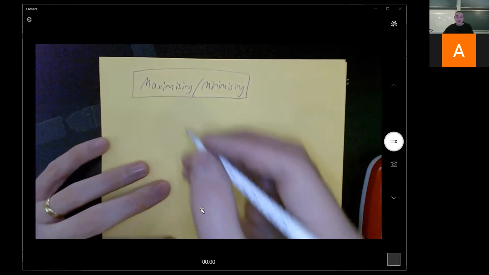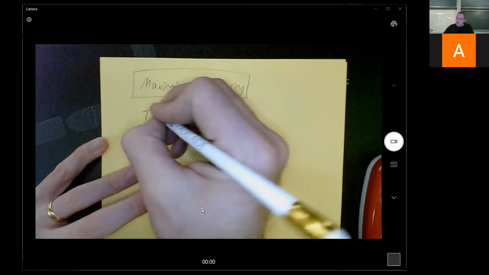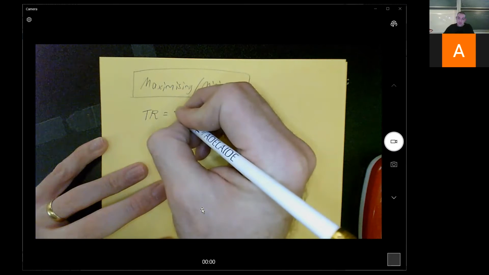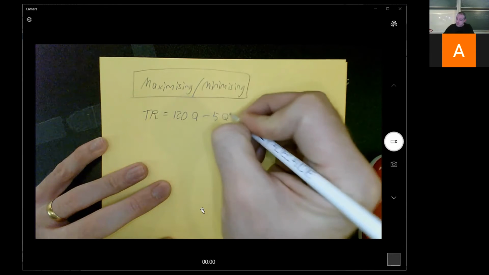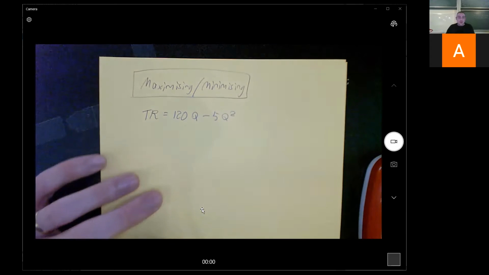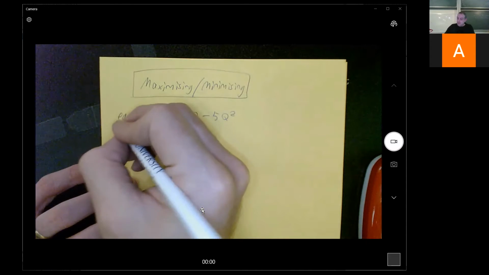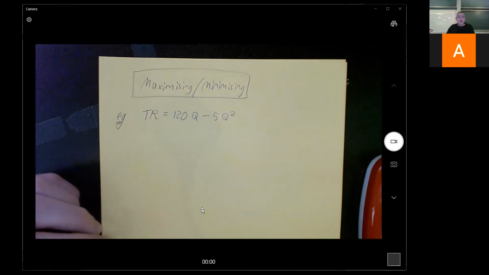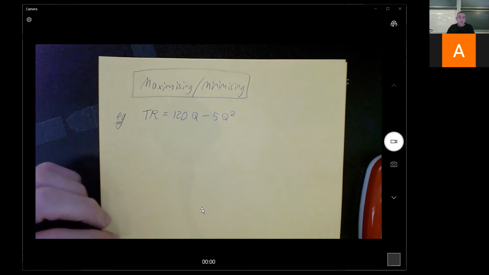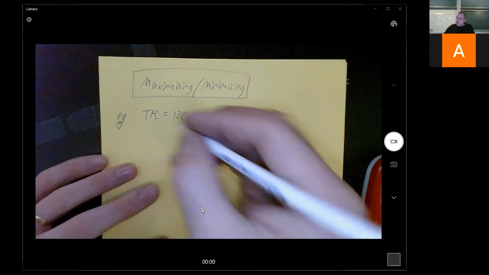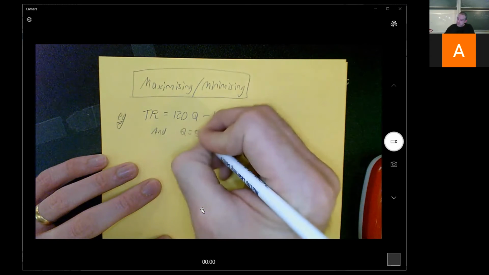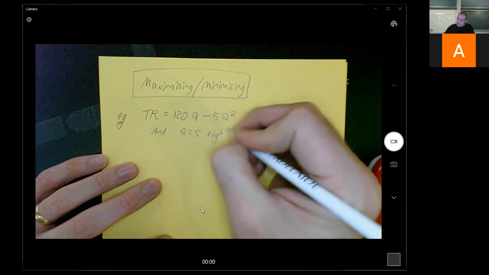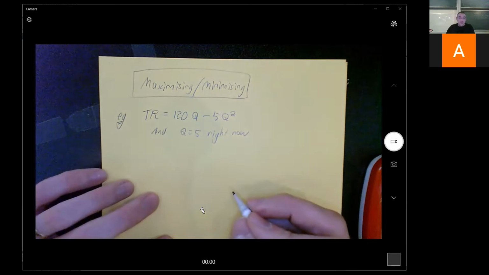So I'm going to start with this example problem. The total revenue is 120Q minus 5Q squared. And at this moment, Q is 5.